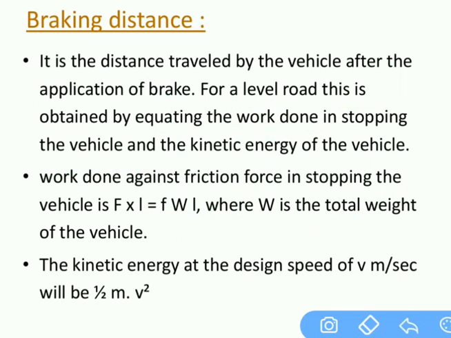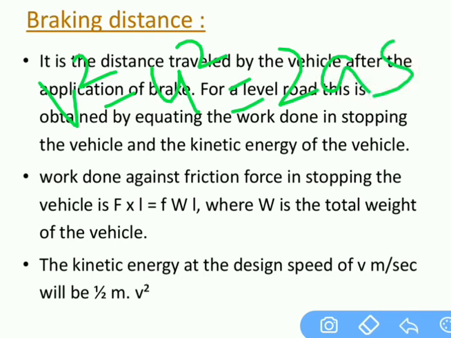For braking distance we have one formula: v square minus u square is equal to 2as. What is v? Final velocity or final speed. What is u? Initial velocity. a is acceleration, s is distance or displacement.